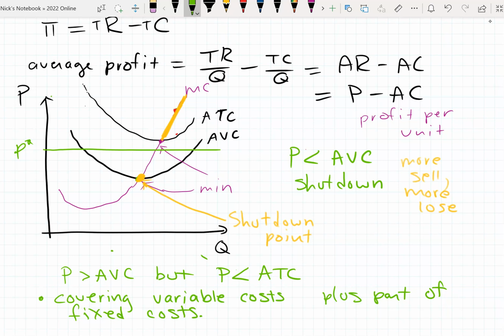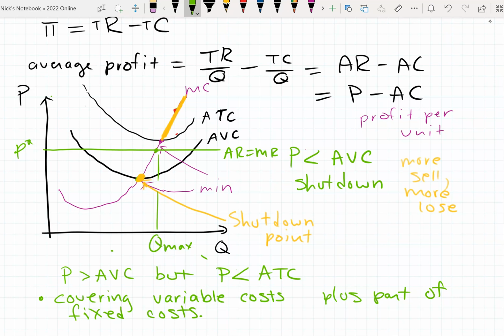So this means, if we sell at this point, you still look for P, which is our average revenue, and in this case, it's also our marginal revenue. So we still look for this. This still gives us our best quantity. And so at this point, we are losing money because we're not covering our average total cost, but we're losing less than we would if we shut down, because we're at least covering part of our fixed costs, which we would have to still pay even if we shut down, because we've signed a contract.